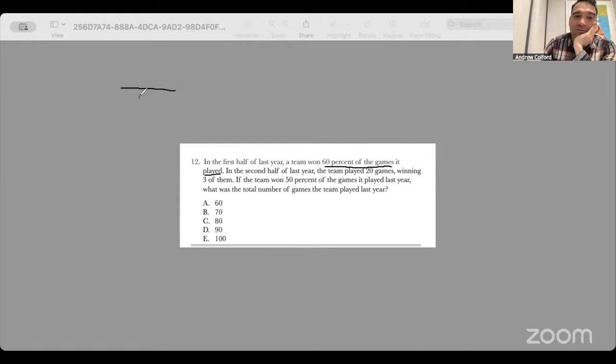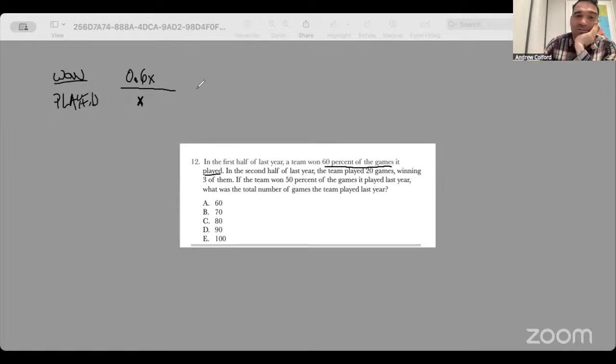So let's call the first part X. And if they won 60% of the games, that means that they won 0.6X games, right? 60% of the games. So just to explain this fraction, on the top I have the number that they won divided by the number played. And this is the first part of the season.